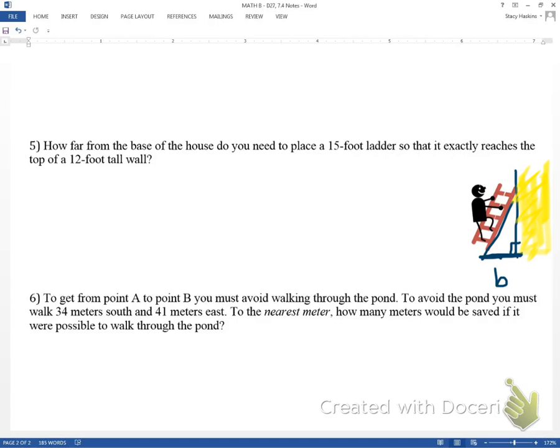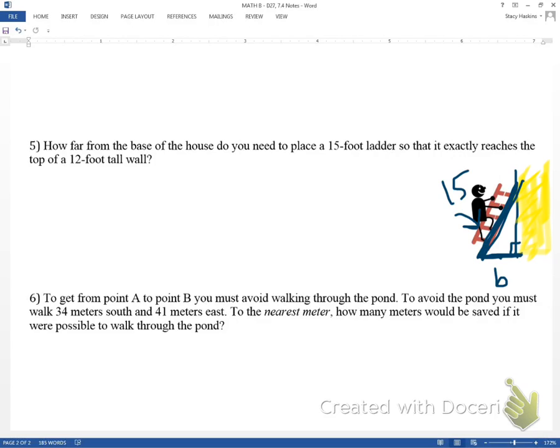Let's label the other sides of this triangle. They tell us that we're using a 15-foot ladder. So where would that go on our triangle? Here's our ladder, so this would be our 15 feet. Sorry, you can't see that too well. Let me try that again. That side right there is your 15 feet. The ladder forms a diagonal up against the wall.